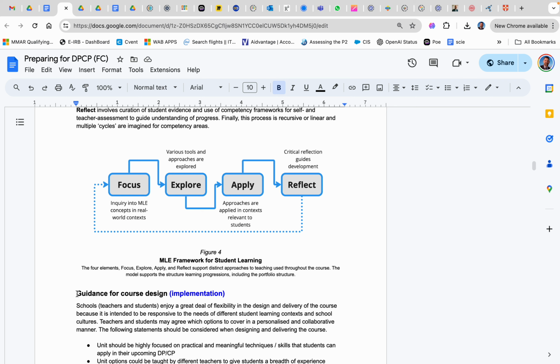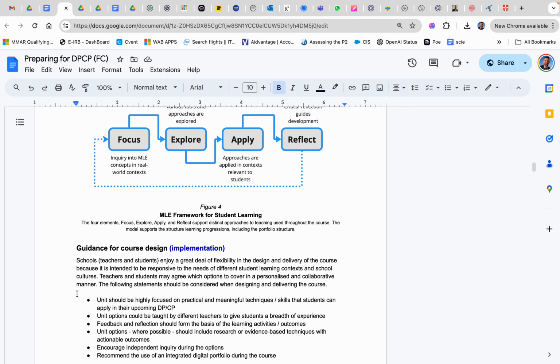I need to apply approaches to learning skills for a particular purpose, all sorts of those different things. And then various tools, approaches, and experiences are provided for students through the course that they are asked to apply, one or more of those, and then reflect on their success in achieving the competency or a mastery level of competency.